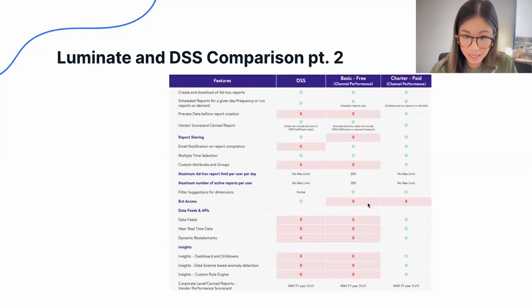Other things I thought were interesting is that they are actually taking away bot access for Basic and paid. This is something that they announced last year that they were open to, and it looks like they're still open to it on other sides of Retail Link, but they specifically want you to either use their data or use an API feed from any of their approved channel partners. So just wanted to call that out for you guys if any of your partners are utilizing bots specifically for Luminate.